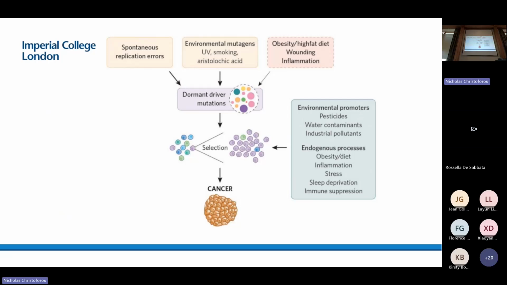That's the second step, which is required then for malignant transformation. And because potentially this is modifiable, there's a lot of interest in this from a cancer prevention perspective. We can identify how these carcinogens are acting mechanistically. Is there a way then to intervene in this step or to prevent it occurring?